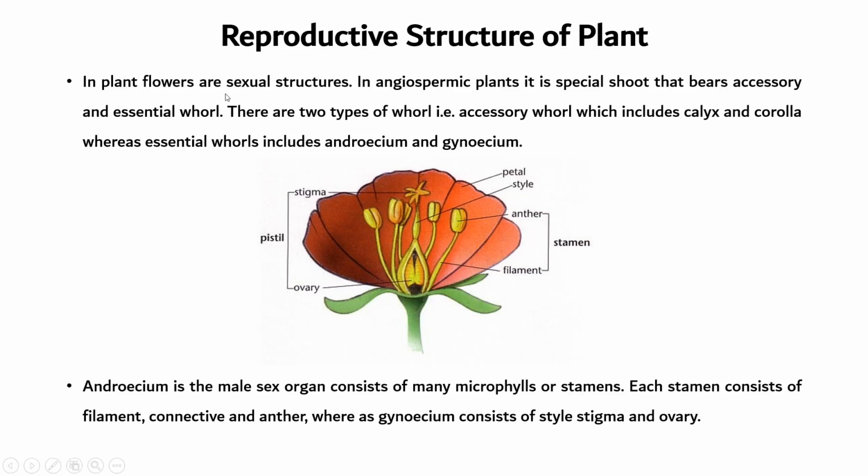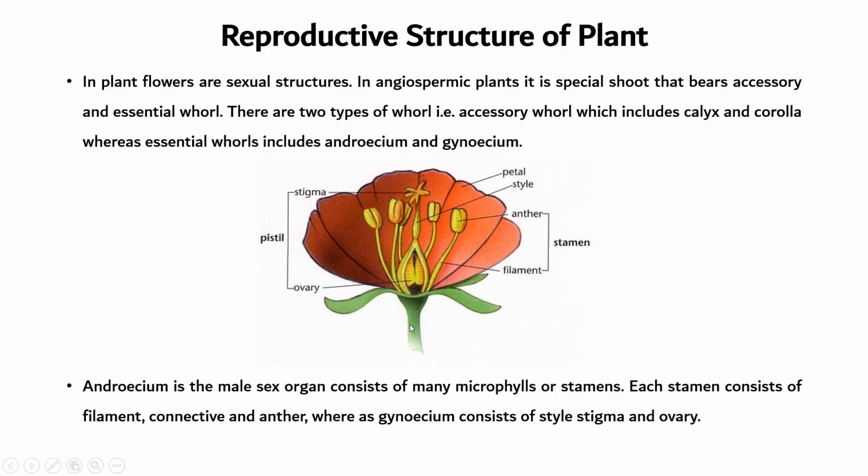In plants, flowers are sexual structures. In angiospermic plants, it is a special shoot that bears accessory and essential whorls. There are two types of whorls: accessory whorls, which include calyx and corolla.